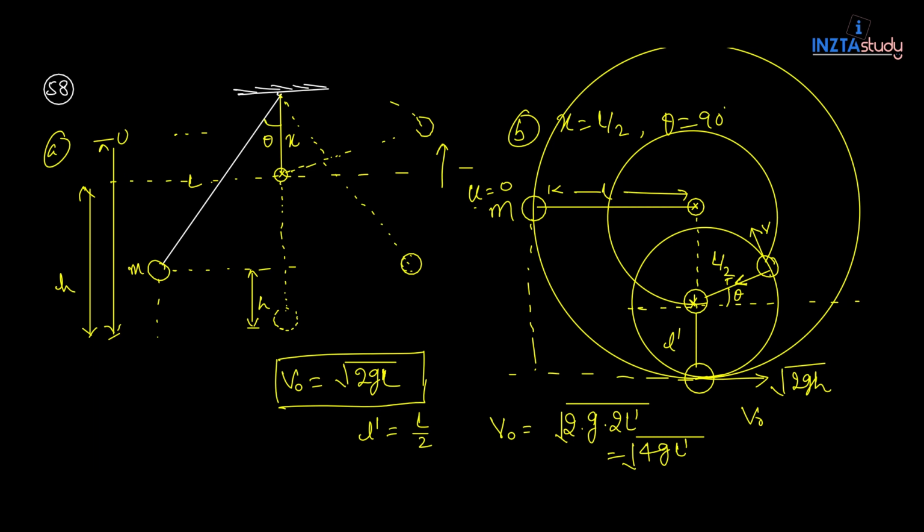The forces acting here are the mg force, and with respect to its own frame of reference, I am drawing the FBD, mv square by L. So the component of mg along this string will balance mv square by L, because the tension is 0. If this is theta, this is going to be theta, so the component of mg will be mg sine theta.